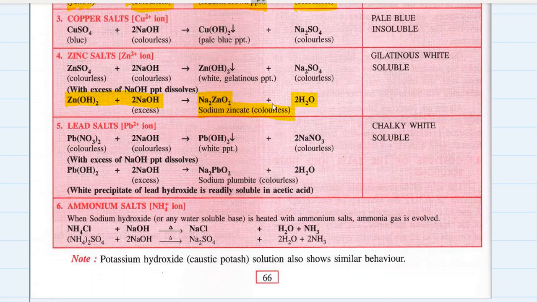So zinc salts generally form a gelatinous white precipitate, and with excess alkali they are soluble. Then if you have lead salts, lead salt solutions are originally colorless.